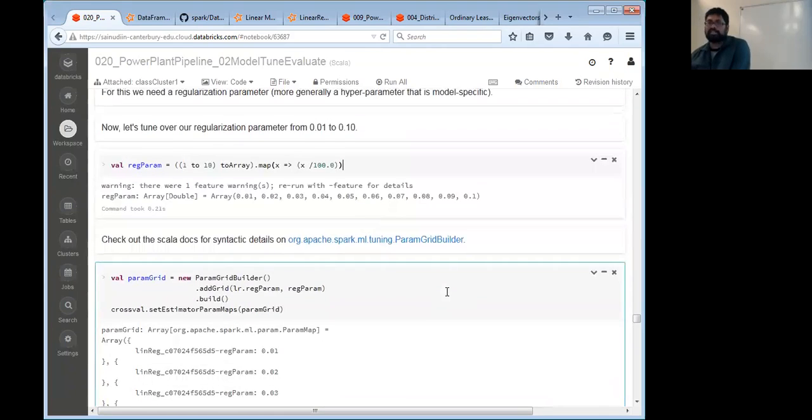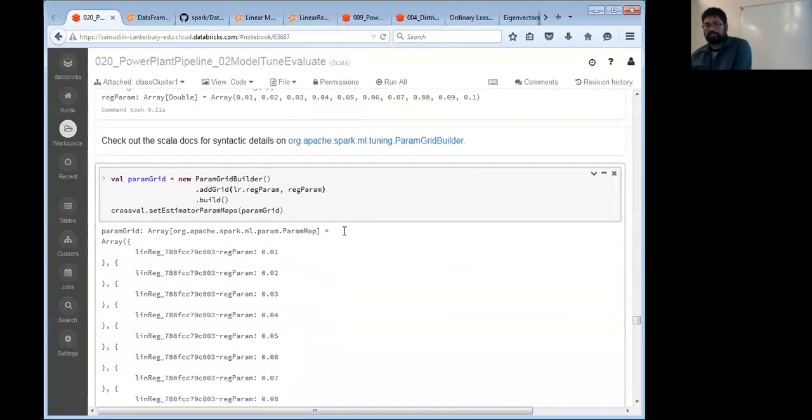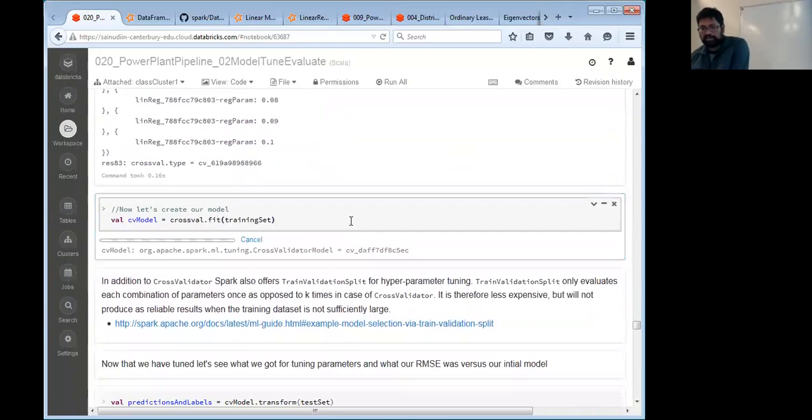Remember, when this value is 0, I'm in the L1 setting, and if it's 1, I'm in the L2, sorry, vice versa. Now I have my parameter grid, built with the parameter grid builder. I set the estimator param grid on the cross-validator, which allows it to go through all of this by caching what can be cached efficiently.